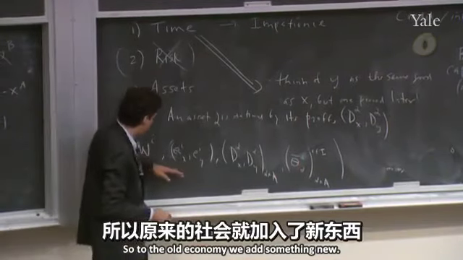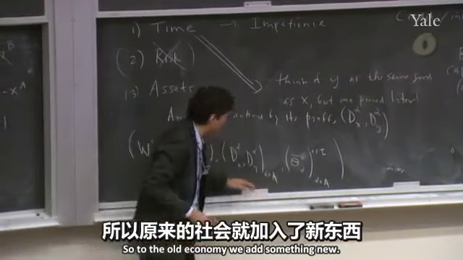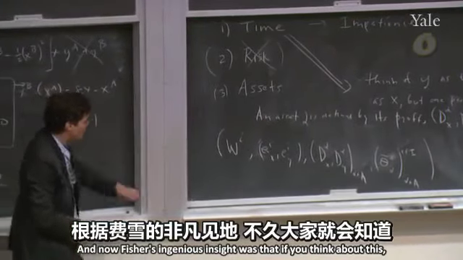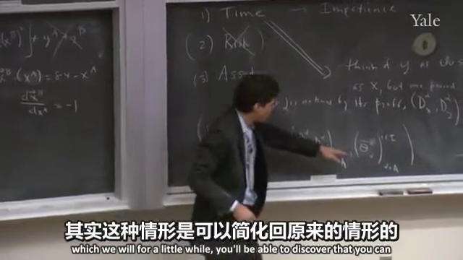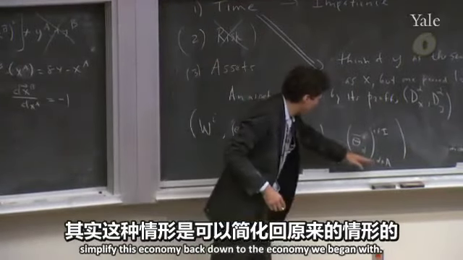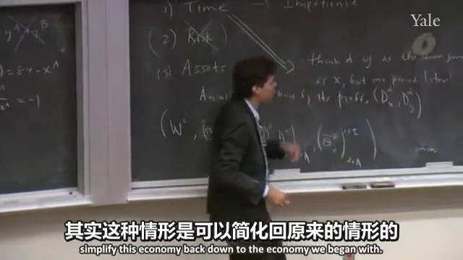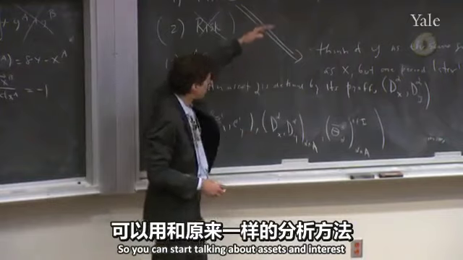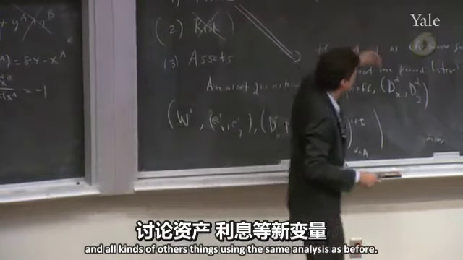So to the old economy, we add something new. And now Fisher's ingenious insight was that if you think about this, which we will for a little while, you'll be able to discover that you can simplify this economy back down to the economy we began with. So you can start talking about assets and interest and all kinds of other things using the same analysis as before.